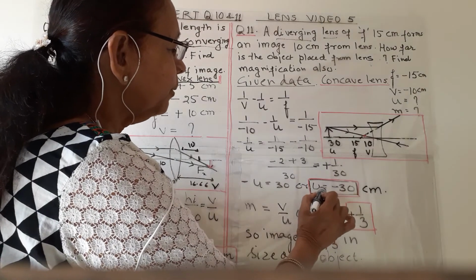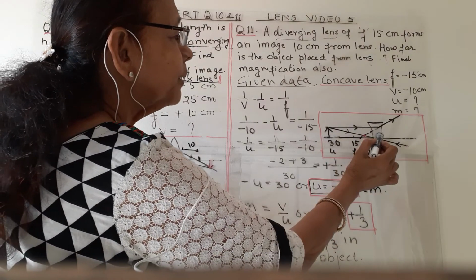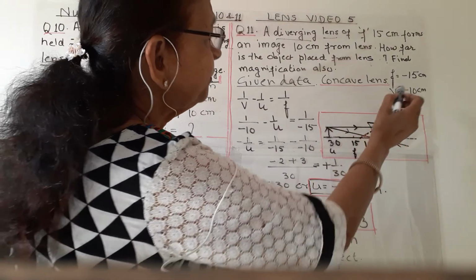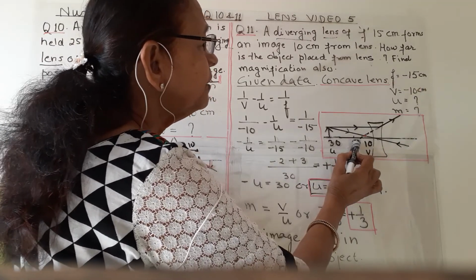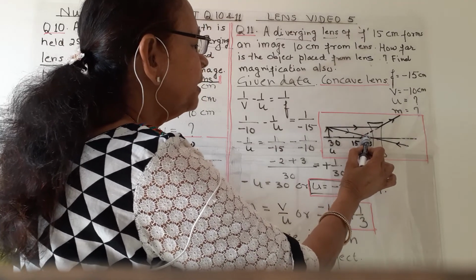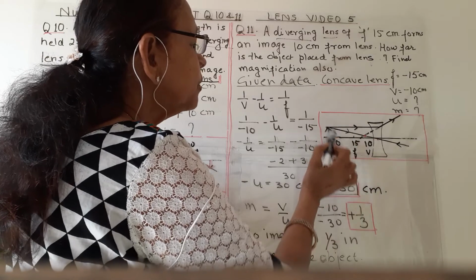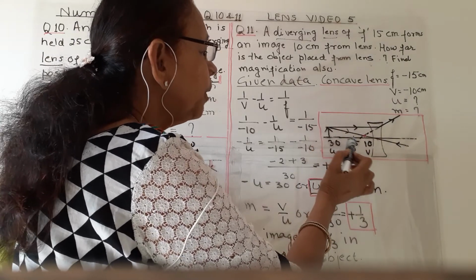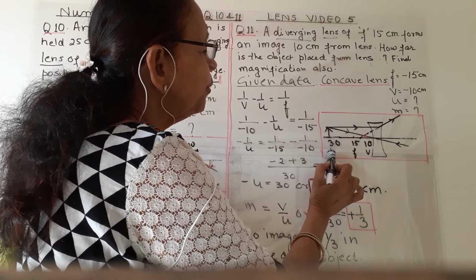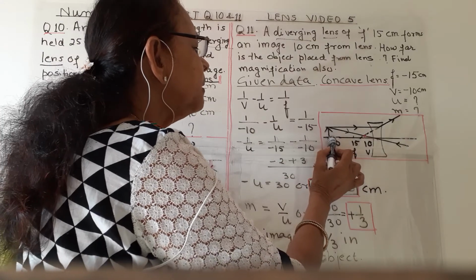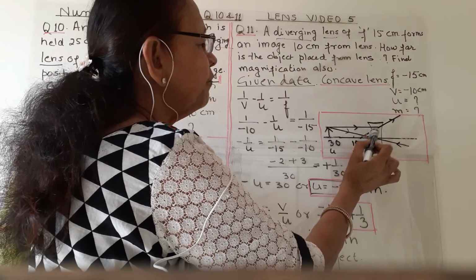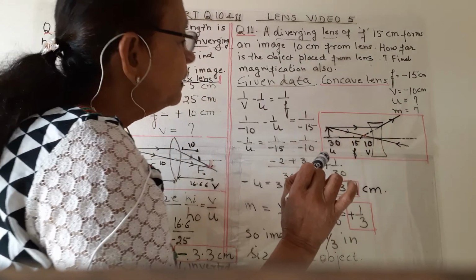So in this way we have calculated the distance of the object from the lens. It is 30. I have drawn a ray diagram. You see here f is 15 centimeters, v is 10. It is given that the image is formed here, and this 30 we have calculated. So if the object is put at 2f, f is 15 and this is 30, then a very small image is formed in front of the lens.